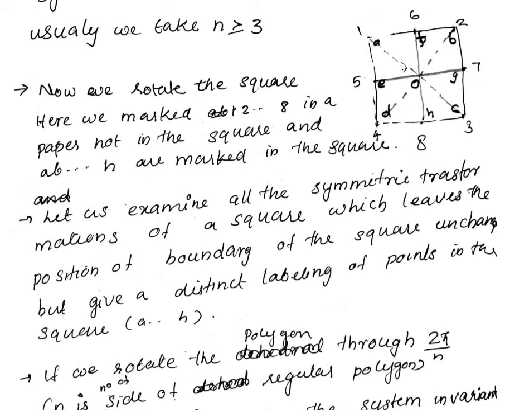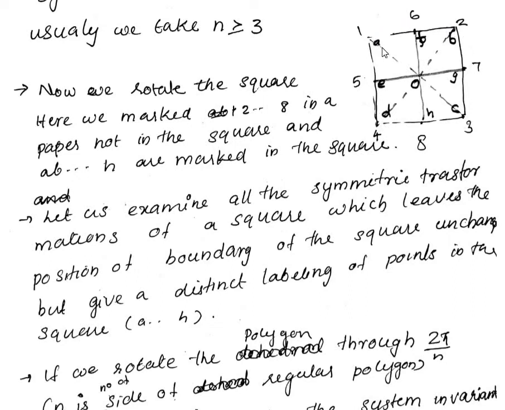In order to study the symmetric operations of the square, let us cut the square from a paper. The points 1, 2, 3, 4, 5, 6, 7, 8 are marked on the paper, and from that paper, suppose we cut the square.